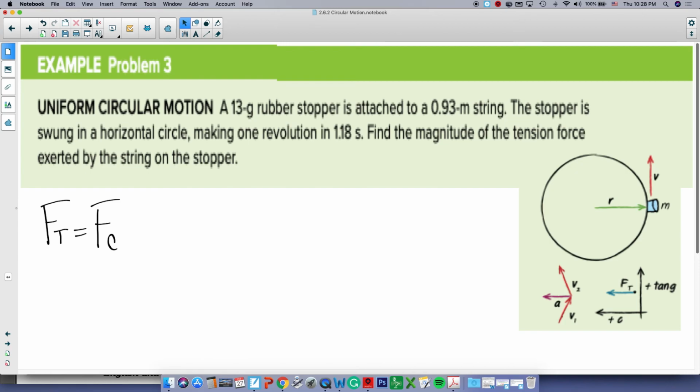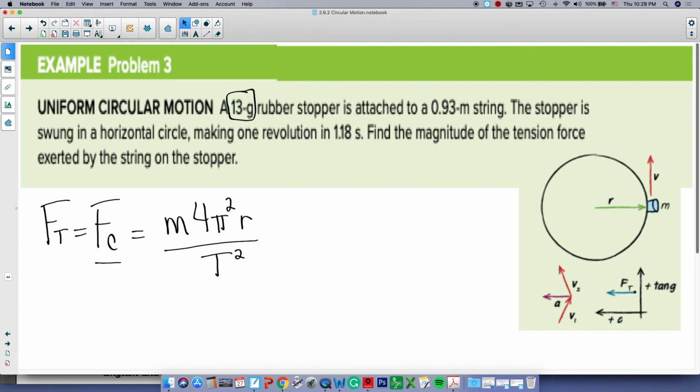Okay, so let's plug stuff in. So let's write out our equation. It's m 4 pi squared times r all over t squared. And we actually have everything we need, except you've got to think about the mass. It's 13 grams.